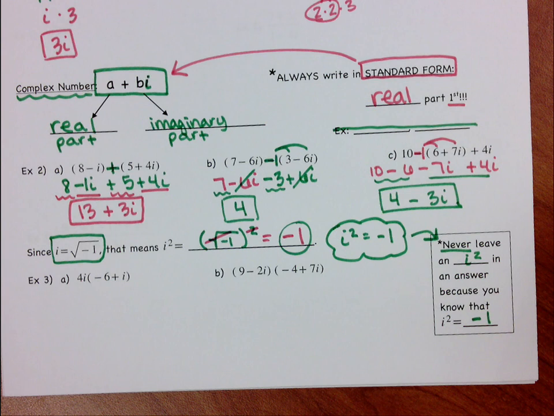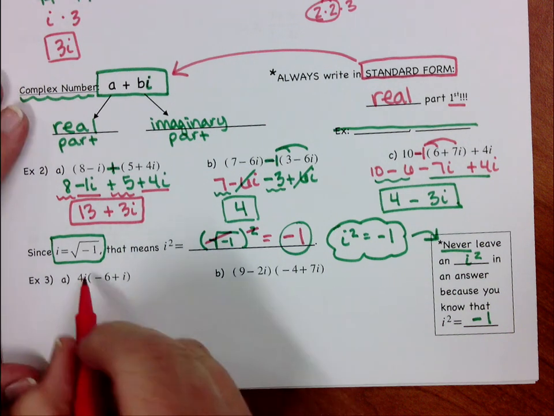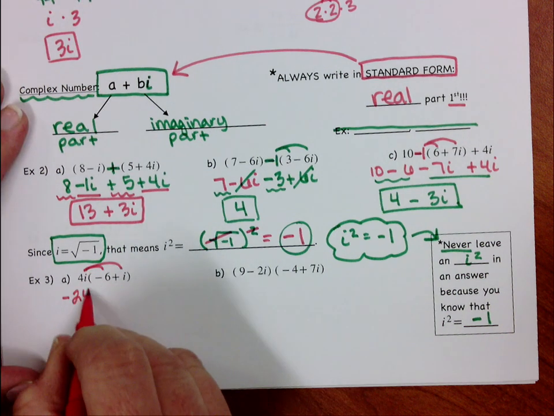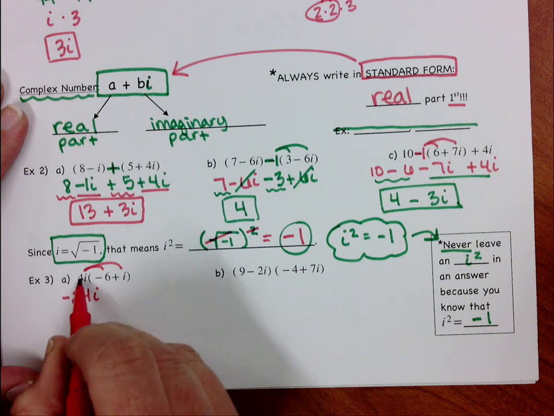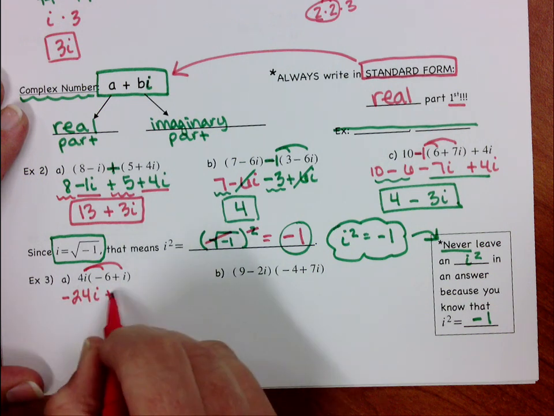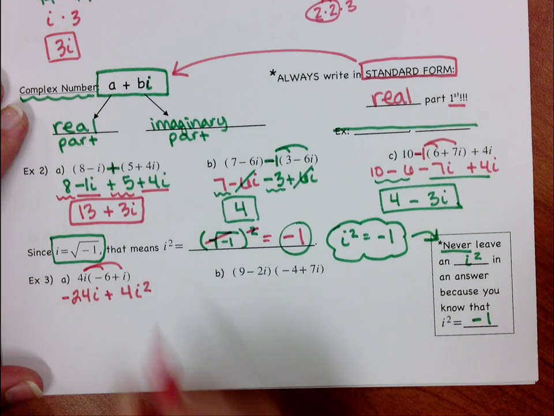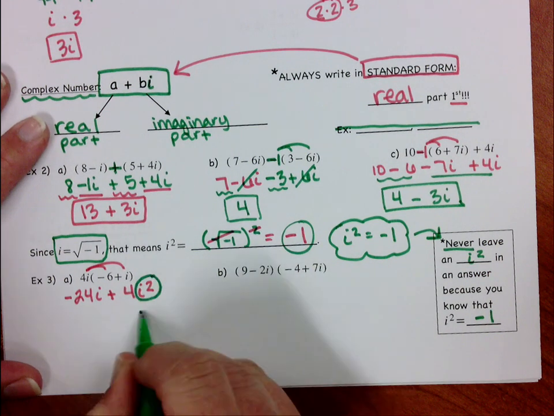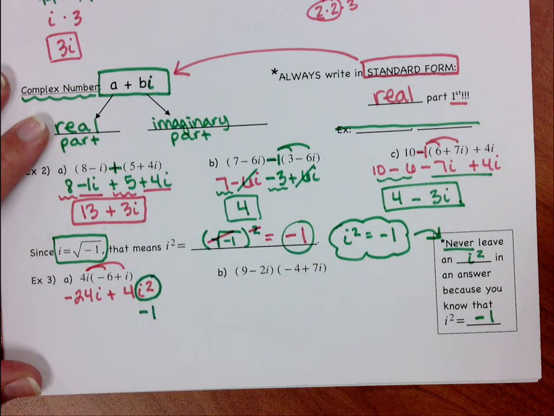All right, so down here, distribute your 4i. 4 times negative 6 is negative 24i. 4i times i is a positive 4i squared. Again, we now know that i squared is really just negative 1.